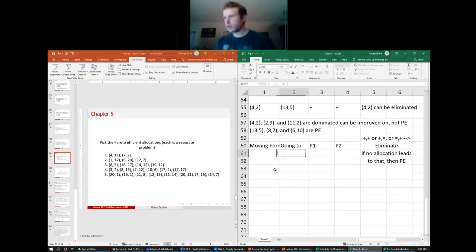So I have 4-11, 7-2. Player 1 does better, player 2 does worse. There's only two allocations. So we have a plus minus, so can't eliminate 4-11, must be PE. We've exhausted all the possible allocations to compare 4-11 to, so it must be Pareto efficient.